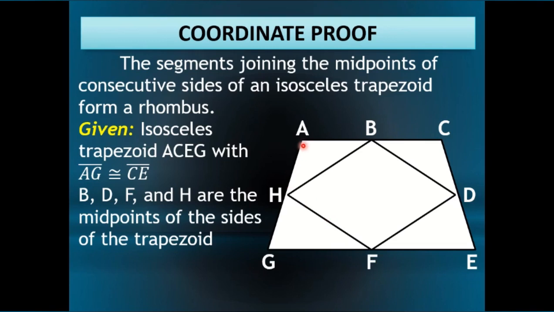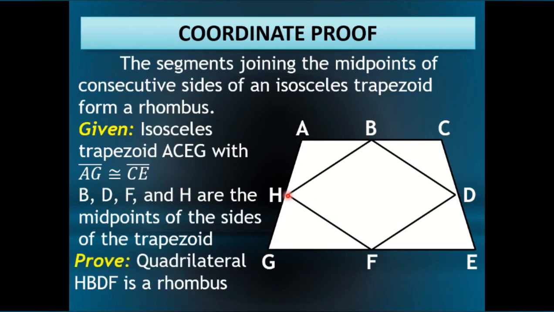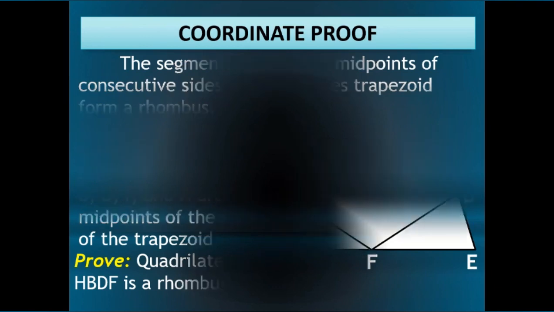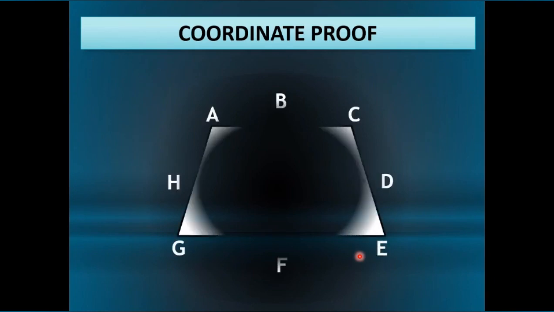And for line segment AG, point H is the midpoint. Now we have to prove that this quadrilateral HBDF is a rhombus, which means all sides are equal.